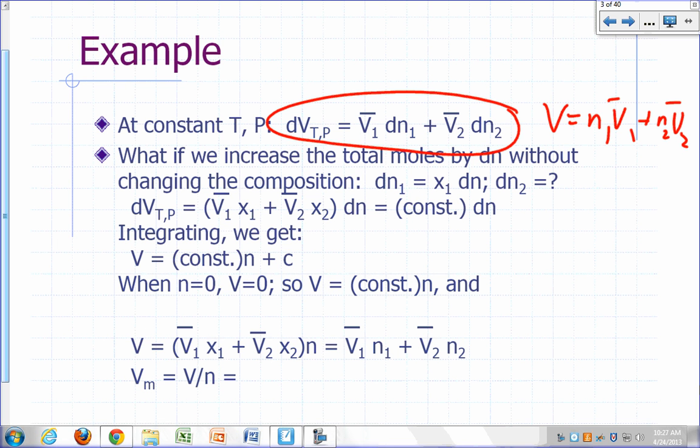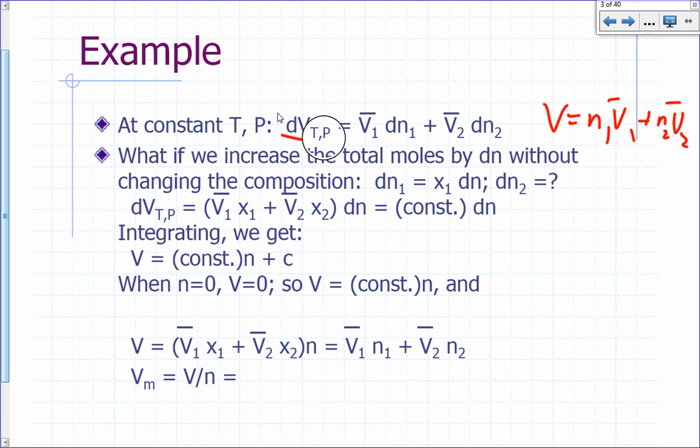And let's imagine that we're going to increase the total number of moles by dn, an infinitesimal amount dn, without changing the composition. Okay, in other words, there's going to be a proportional increase in the moles of component 1 and 2 according to their mole fractions. So the mole fractions will remain the same.